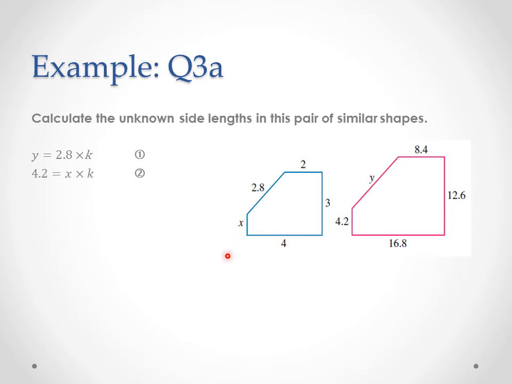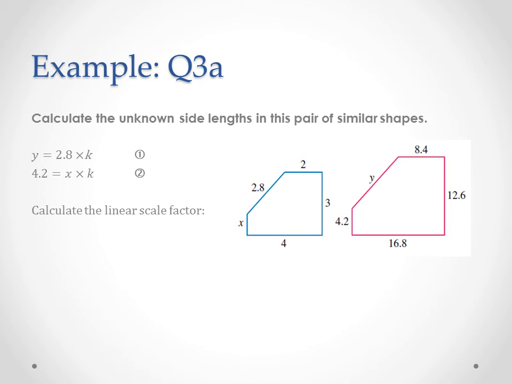Our other unknown is x down here. Looking at our corresponding side over here, 4.2 has to equal x times our linear scale factor k. Be really careful with where we place our unknowns x and y in these equations. I've just labelled them 1 and 2 so we can keep track of them later on.